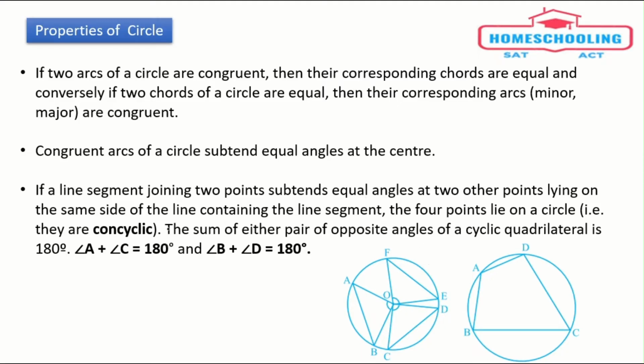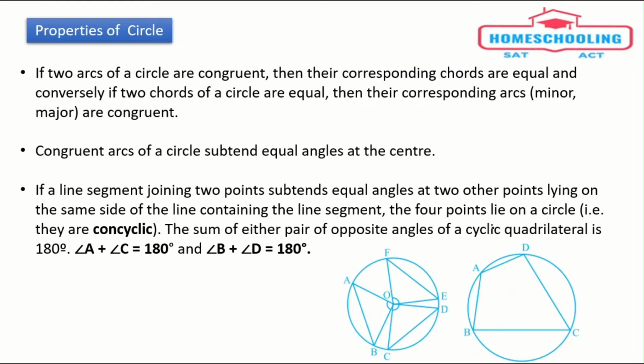Now let's come to a concyclic or cyclic quadrilateral. A quadrilateral is said to be concyclic if all four sides touch the circle. As you can see, in a quadrilateral we have four sides, so all four sides are touching the circle. These types of quadrilaterals are called cyclic or concyclic quadrilaterals.